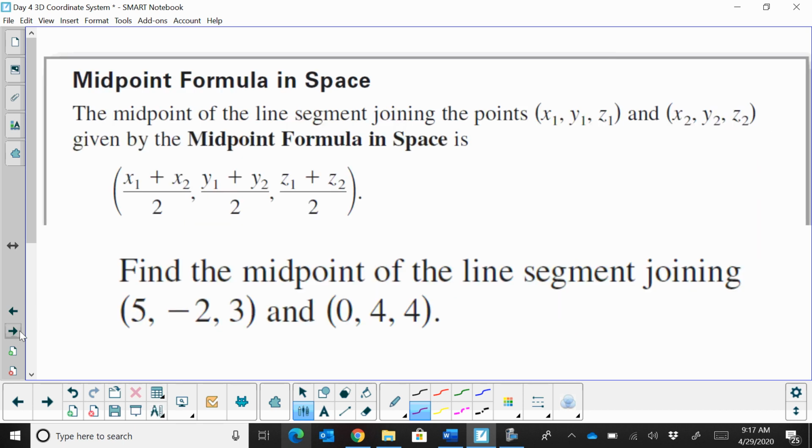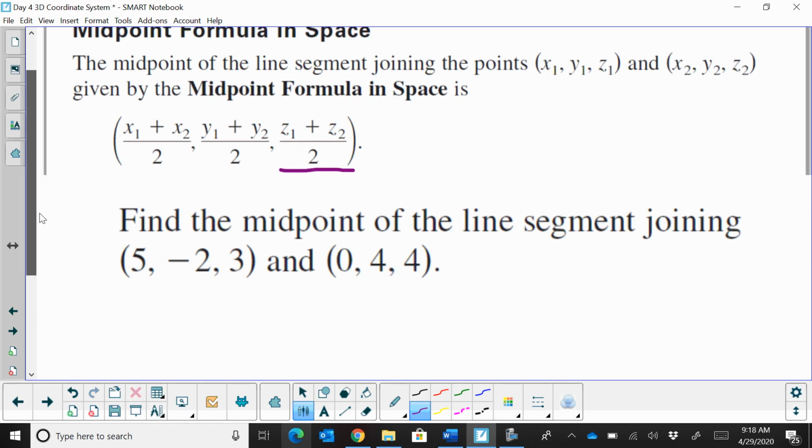Okay, so let's talk about the midpoint in space. The midpoint in space looks exactly like the midpoint in 2 dimensions, only we're adding the third coordinate, which is z. So remember midpoint, you add the x's, divide by 2, add the y's, divide by 2, and add the z's and divide by 2.